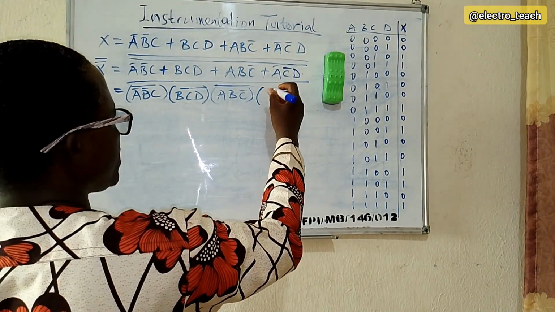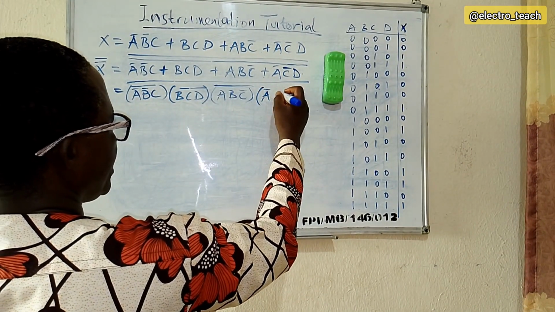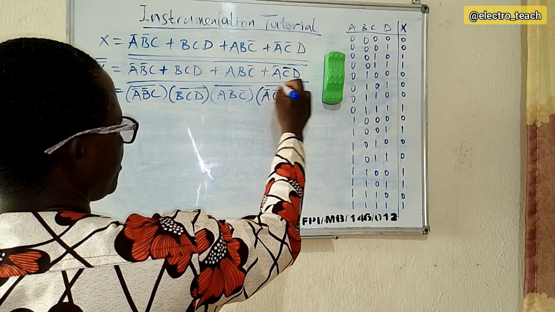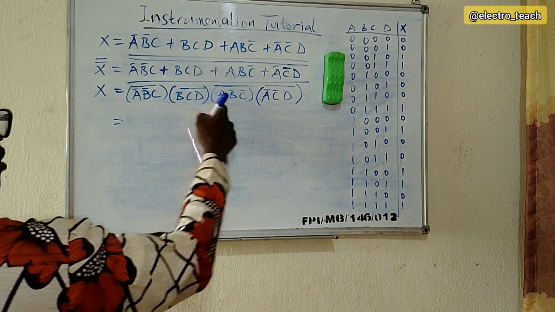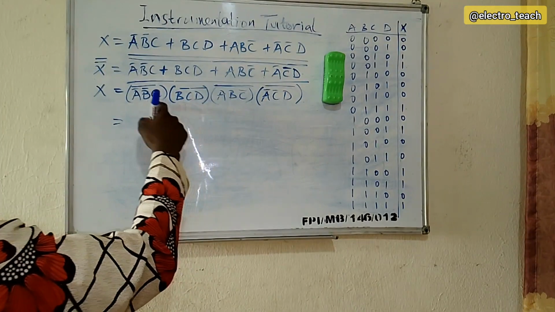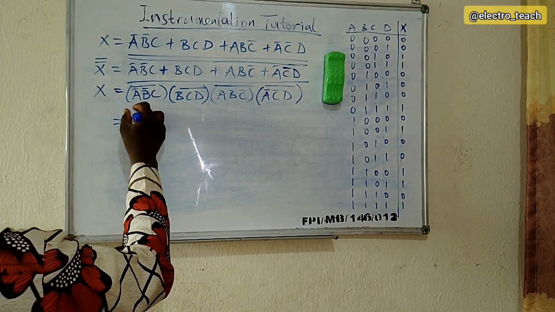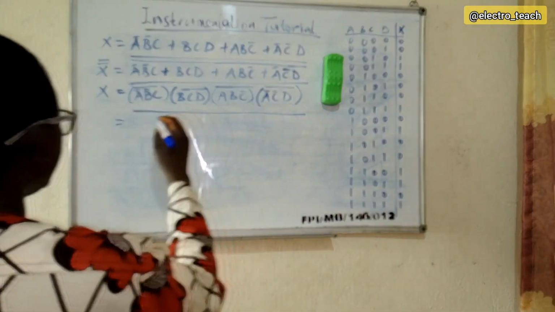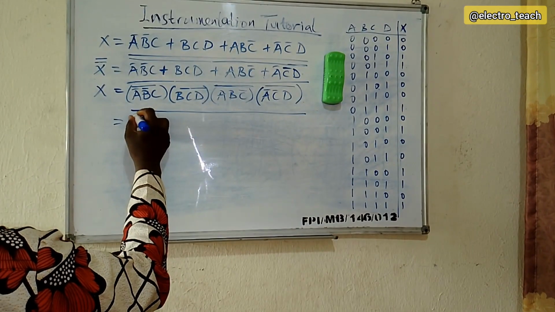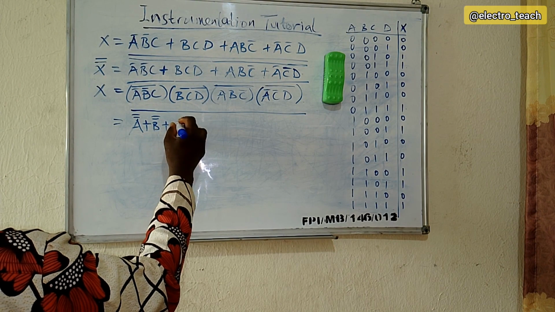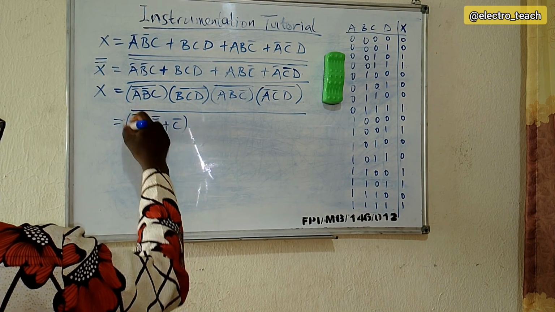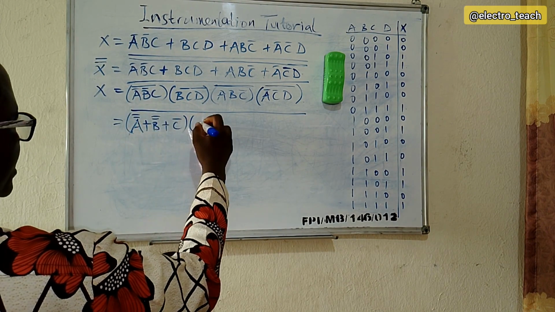That's why I'm changing this to brackets. A bar C bar D, another bar here. So we continue to apply De Morgan's theorem to the AND terms also. We have the longer bar remaining. We have A bar, then the sign changes to plus, B bar plus C bar, and then brackets here.